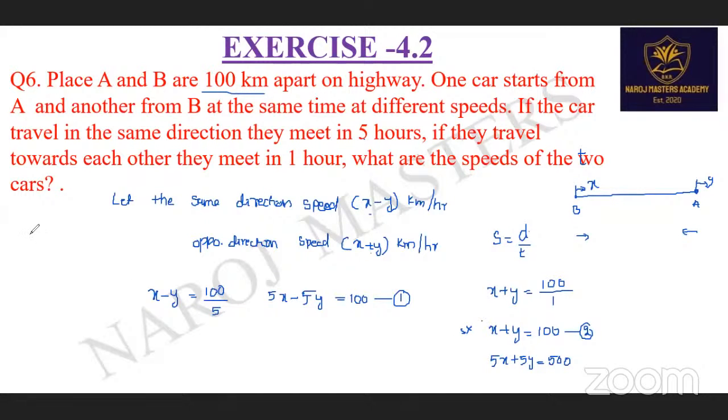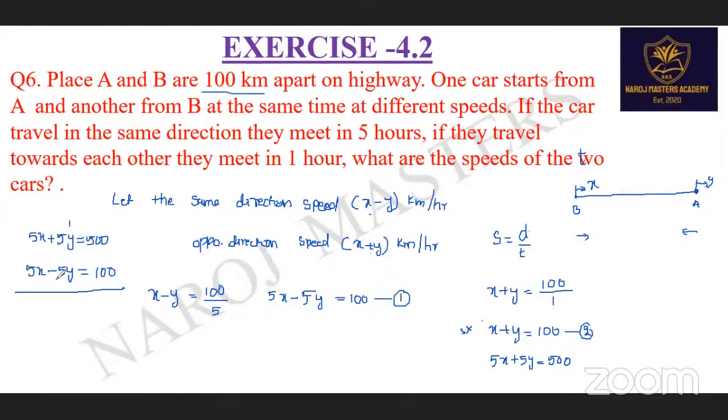Then solve these two equations. 5x plus 5y is equal to 500 is our second equation, and the first equation is 5x minus 5y is equal to 100. So the x terms and y terms are balanced here.